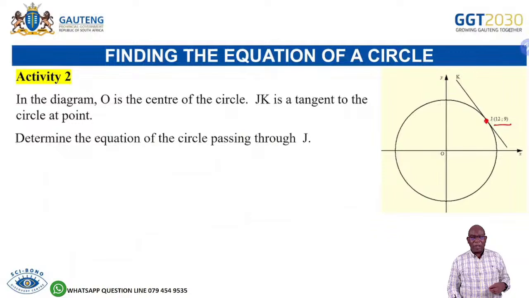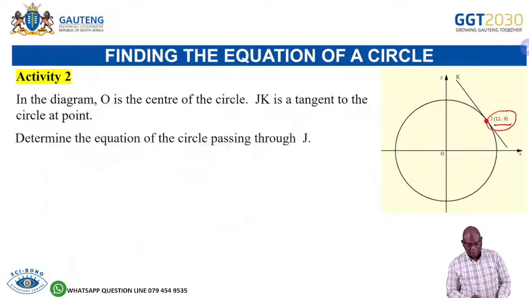Once the point is on the circle, I can substitute this point into the equation of the circle. JK is a tangent to that, so we'll talk about the tangent later on again.